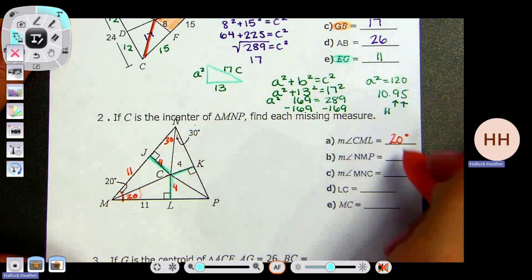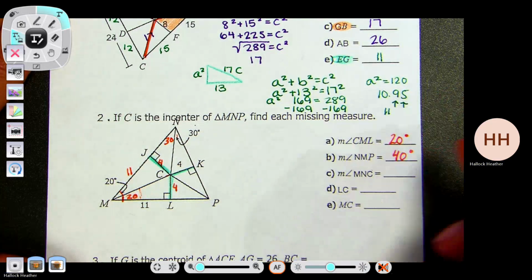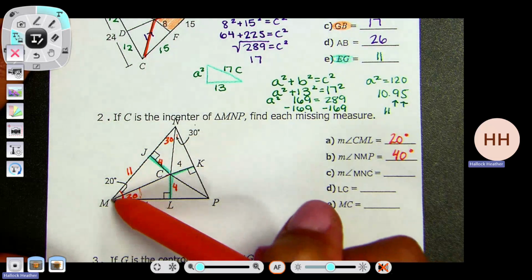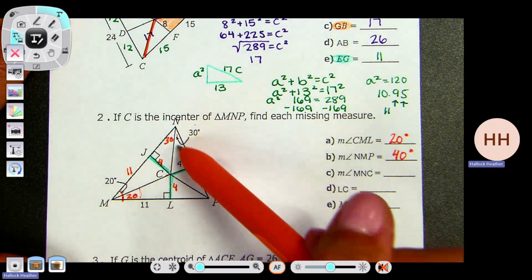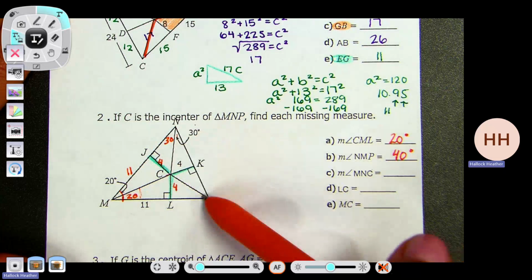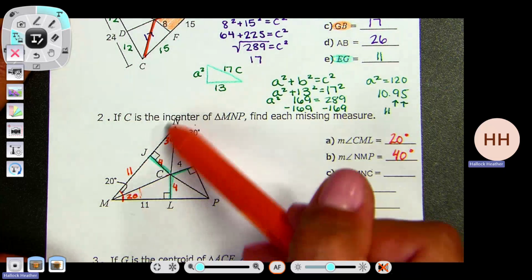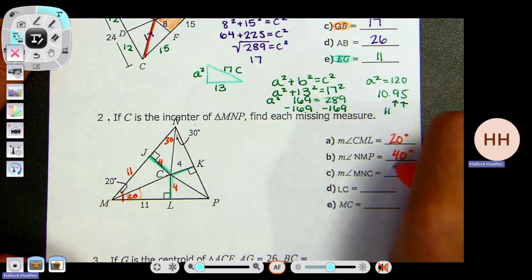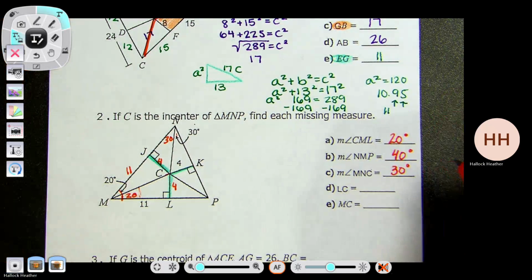So together 20 and 20 makes 40. MNC, if I start at M, I go to N, I end at C. I'm not ending at P. I'm not the outside. I'm not the whole thing. The whole thing is 60. This ends in the middle, so it's just 30 because it's half of the whole.